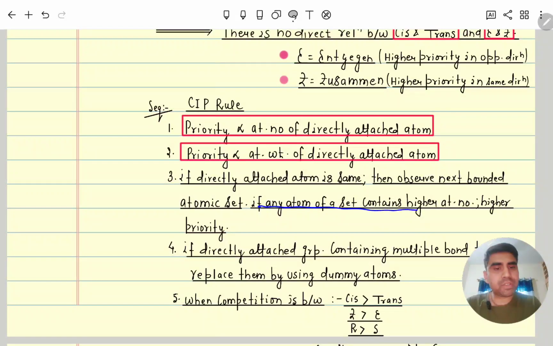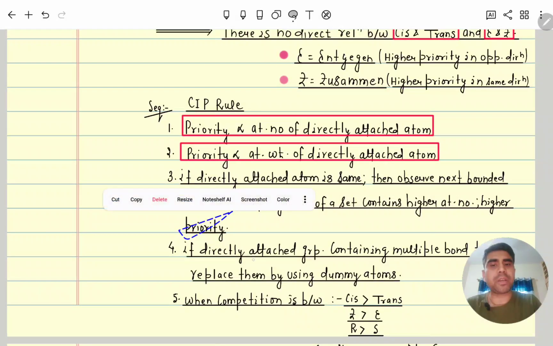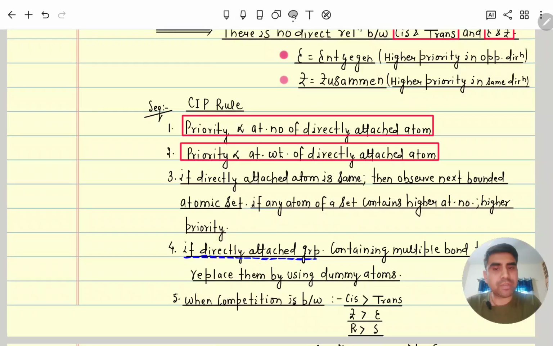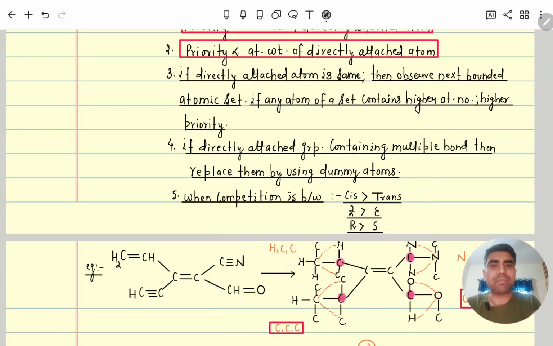If any atom of the set has a higher number, then higher priority. Fourth, if the directly attached group contains multiple bonds, then we will create its dummy atom. And fifth, when competition is between cis and trans, then cis will be priority. E and Z, and in R and S, R will be.